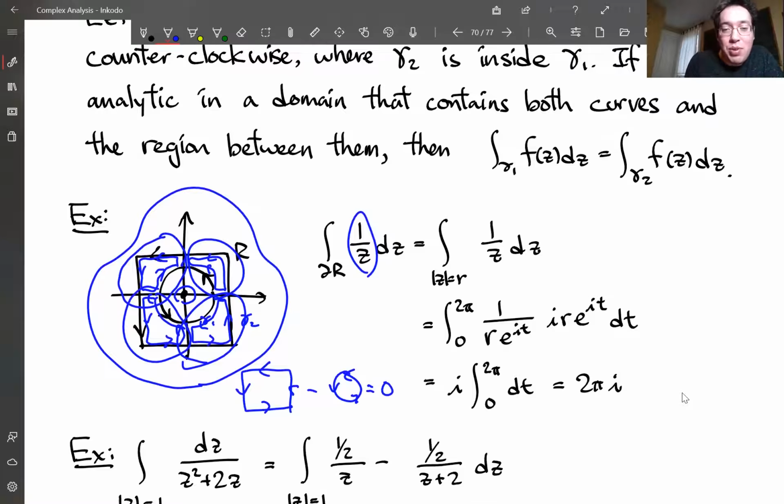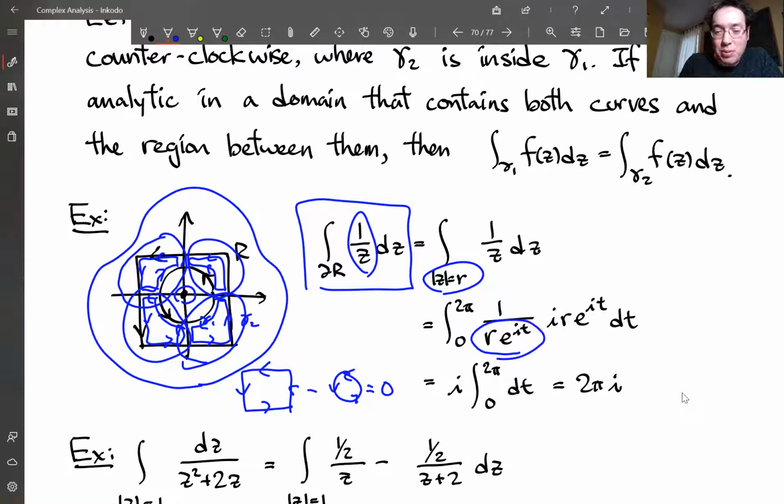So if you have a path integral like this that I want to integrate over the square, it's actually much easier to integrate on a circle of radius r, because you can parameterize those with r times e to the it. It's the parameterization we use for the unit circle, rescaled by the constant r.